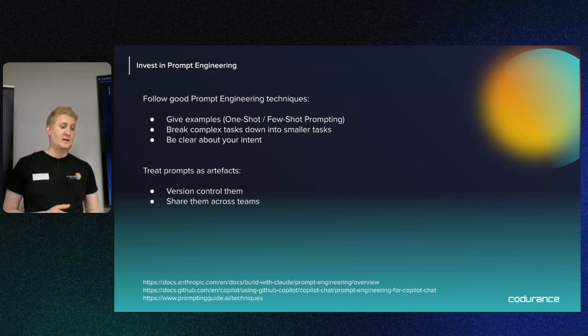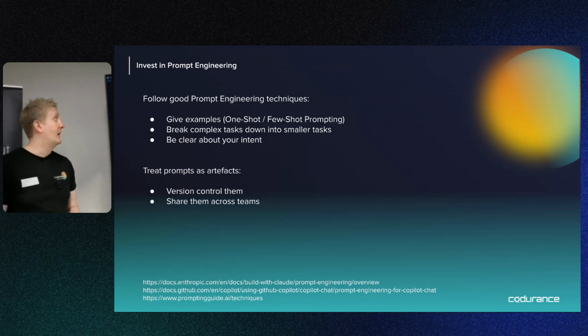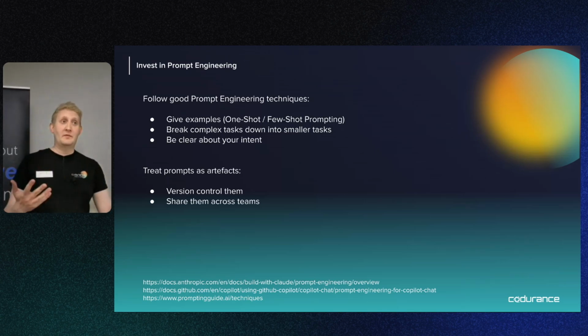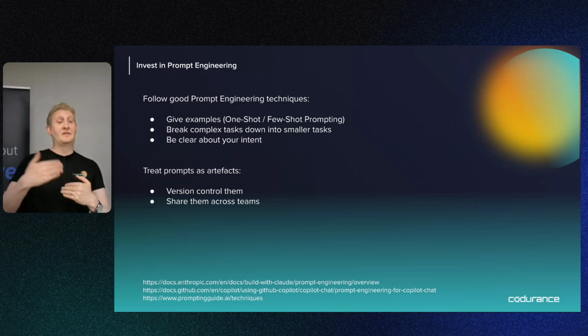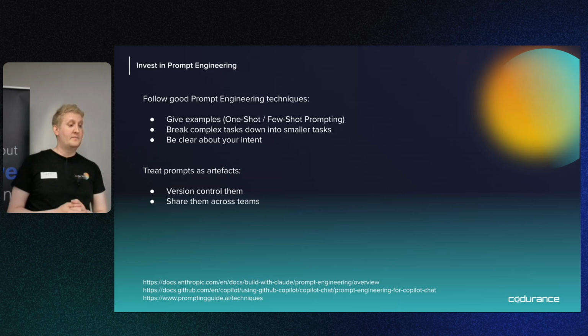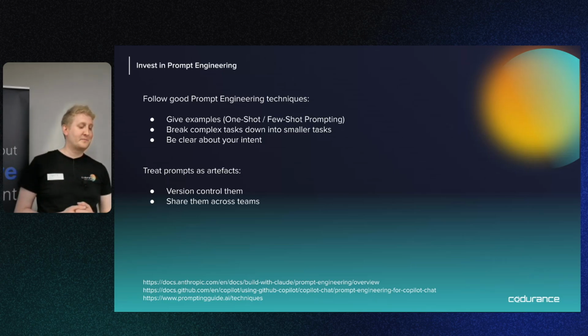So it's things like one-shot prompting and few-shot prompting, where we give examples in the prompts that we pass to the LLMs, but also refining the way we interact and being quite precise about what we want to come back from the LLMs. I think that will be really, really important.